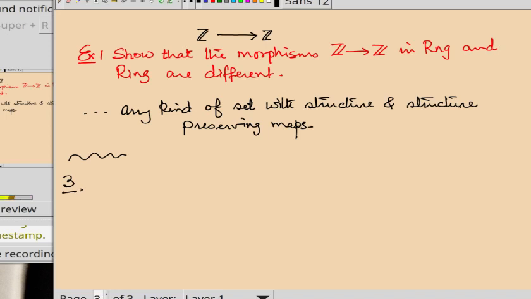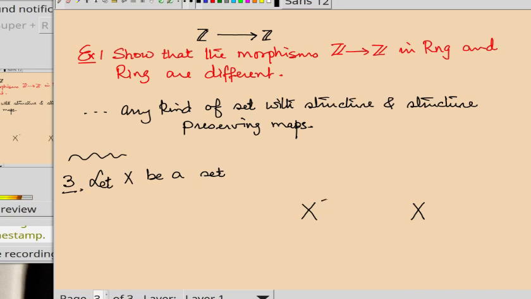Firstly, let X be a set. And I am trying to give you, as the set of objects, I take the set itself. As a set of morphisms, I also take the set itself.